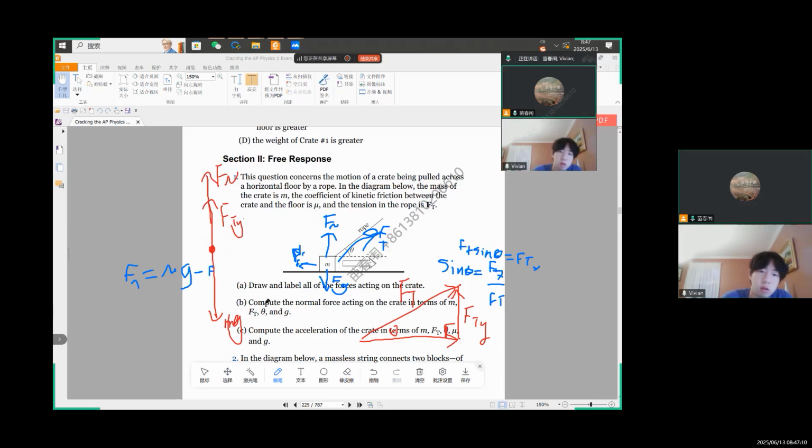So if it was only in terms of that, it'd be mg minus FT sine theta.